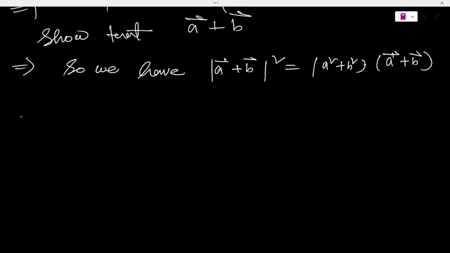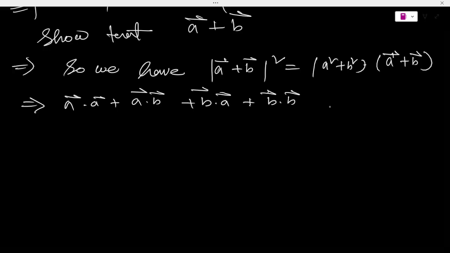Okay, so it will be a dot a plus a dot b plus b dot a plus b dot b. This kind of thing comes out. So after that it will be a squared plus b squared plus 2 a dot b.